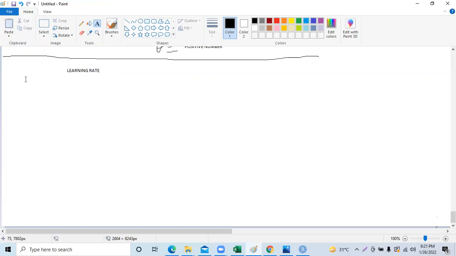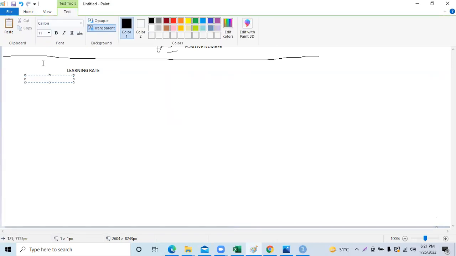So let's write, if learning rate is too small, gradient descent will be slow. You'll be the one to set your own learning rate yourself. The computer won't fix it for you.